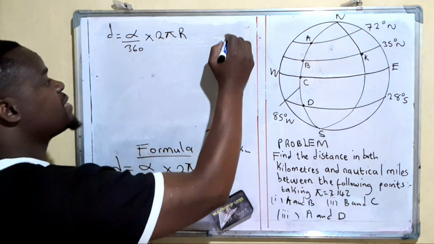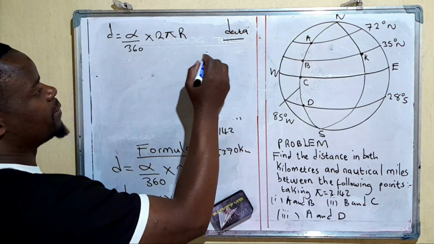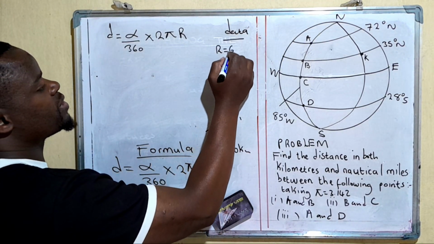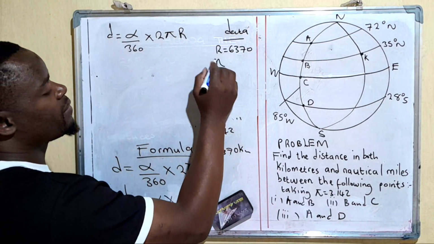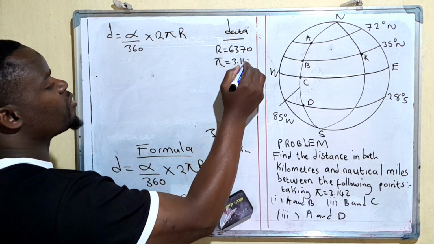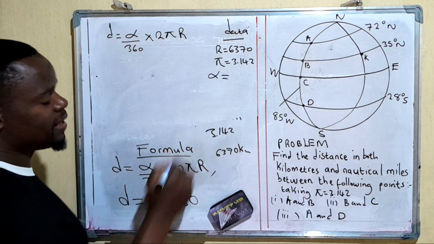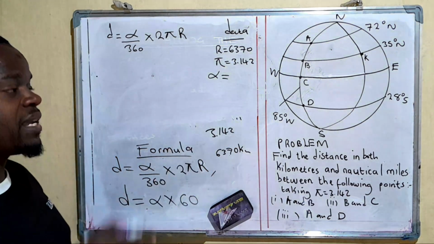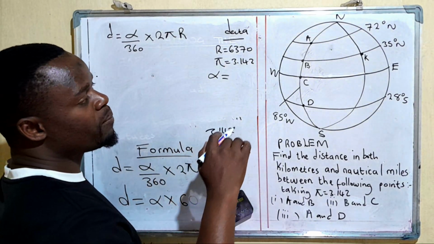We can collect data so that everything falls in place. R is equal to 6370. Then pi is equal to 3.142, and then we have the difference in latitudes. Let's take a look at the latitudes where these two different points are sitting.